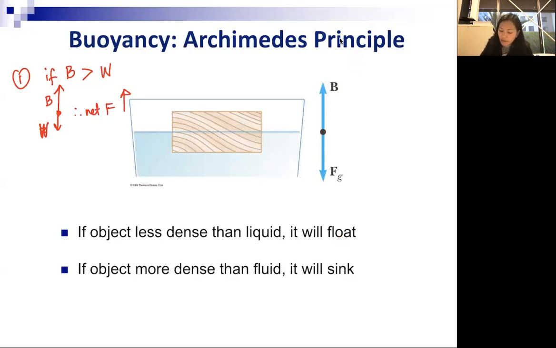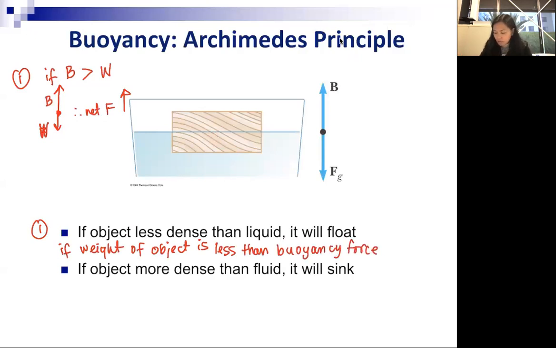the object will tend to go upwards, and that's where we say the object will float. Looking at this free body diagram, in this first case, if the weight of the object is less than the buoyancy force, then the object will float.